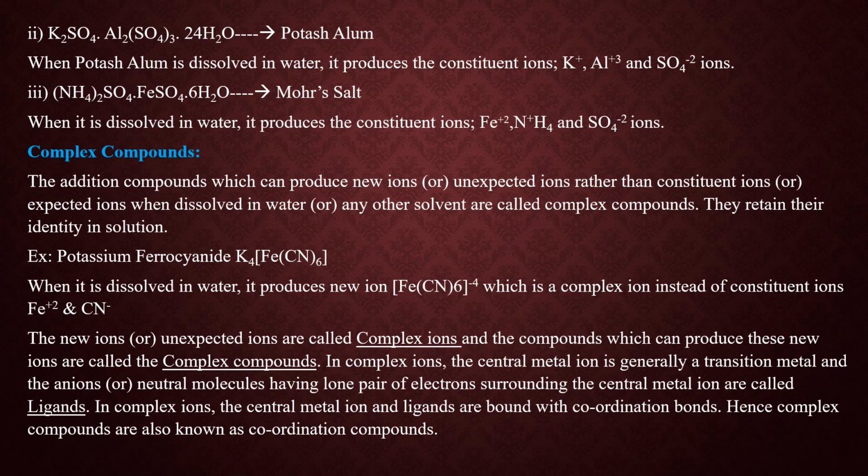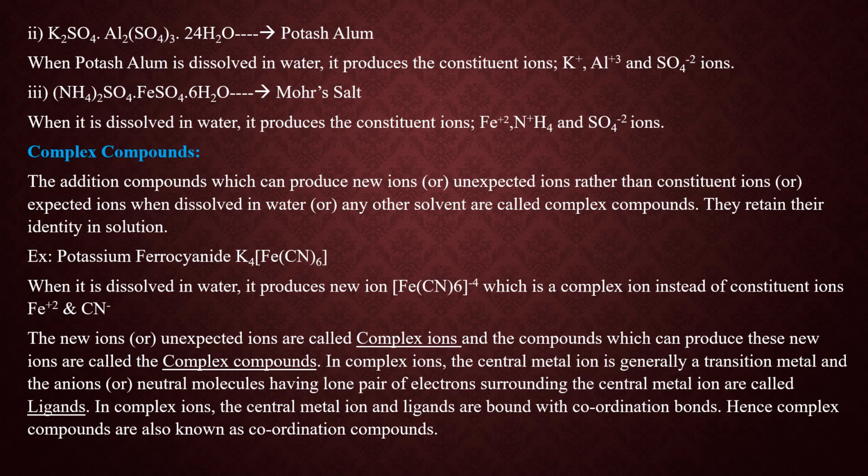And also in complex ions, the central metal ion and the ligands are bound with coordination bonds. The bond between the central metal ion and the ligand is a coordination bond. Hence, complex compounds are also called coordination compounds. Okay, students.